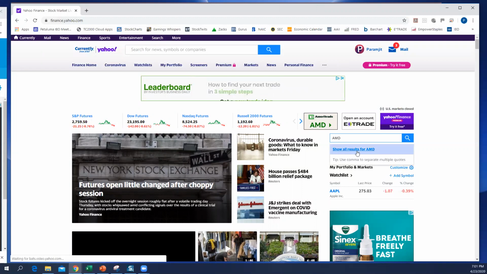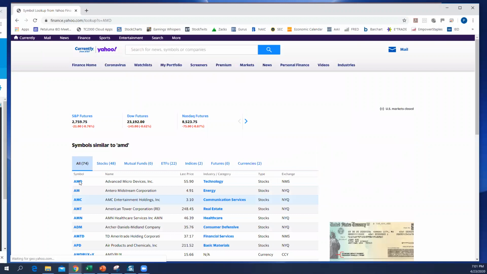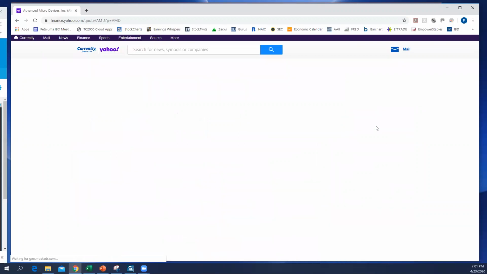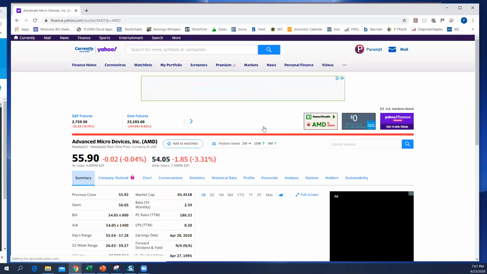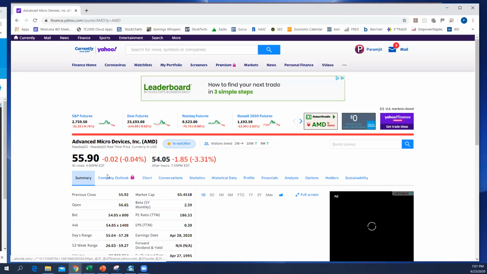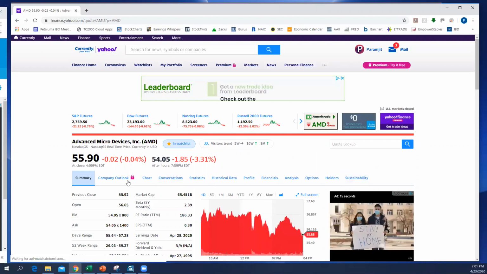I'll come and show all results. Click that. Then it will bring up the basic information on the stock. And in this menu bar up here, you see how the third one is called chart. So click the chart.